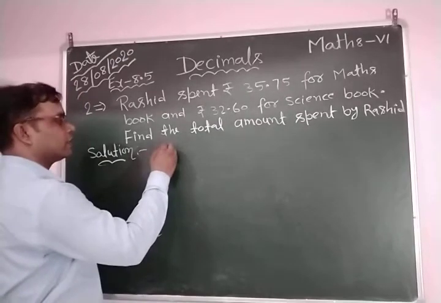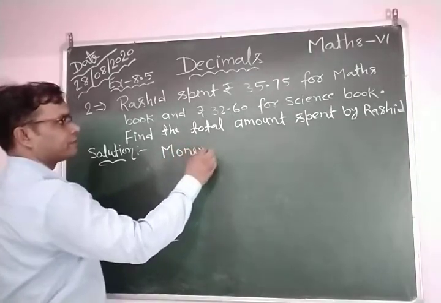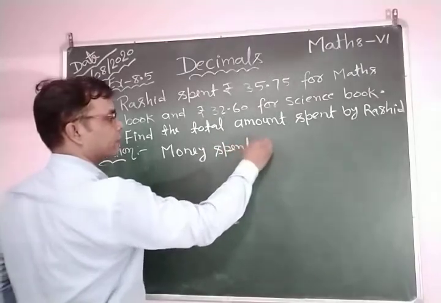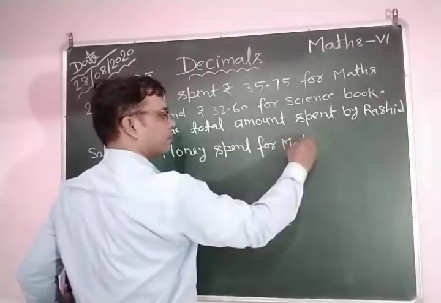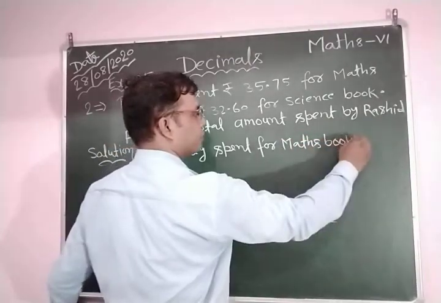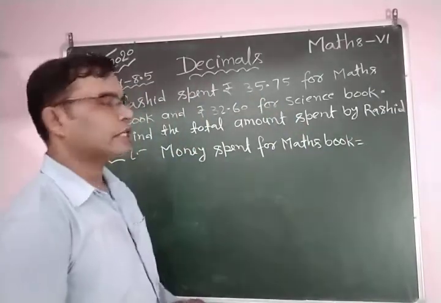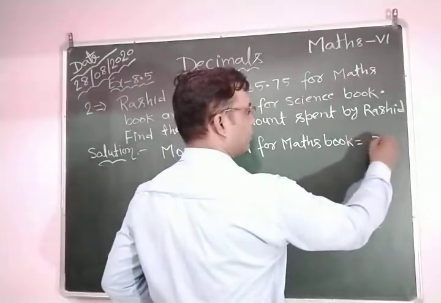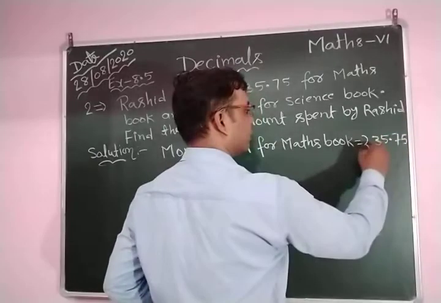Money spent for maths book, this is equal to how many rupees? 35.75 rupees.